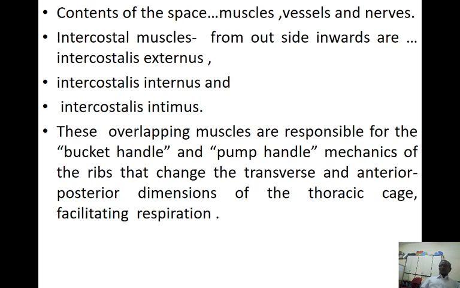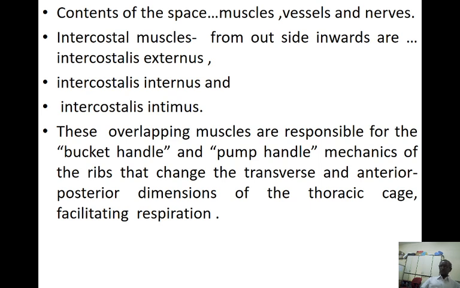Contents of these spaces: muscles, vessels and nerves. Intercostal muscles from outside inward are intercostalis externus, intercostalis internus, intercostalis intimus. So there are three muscles: externus, internus and intimus.